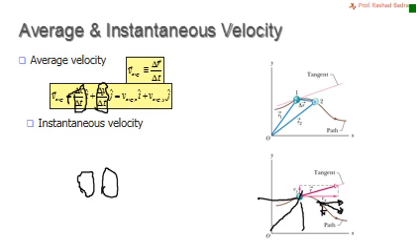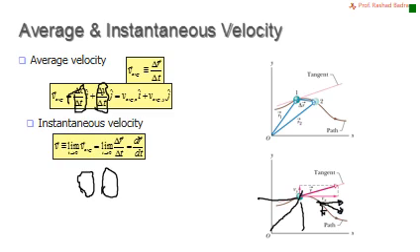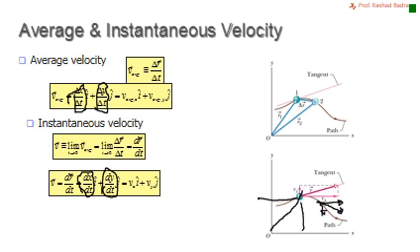Now, to define the instantaneous velocity in two dimensions, we're going to take the general definition of the instantaneous velocity, that is the derivative of the position vector with respect to t. Now, by defining the position vector as having two components, x and y, that is r as a vector, we used to define it as x i hat plus y j hat, where it has two components, as we said before.